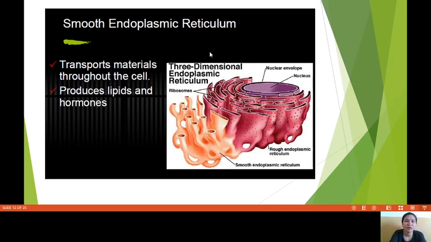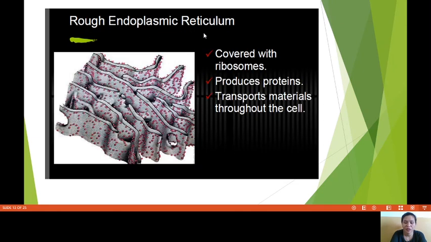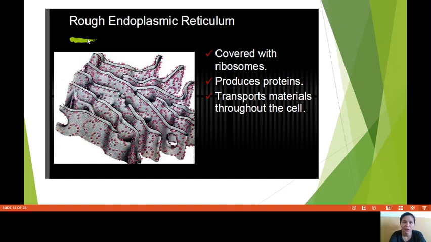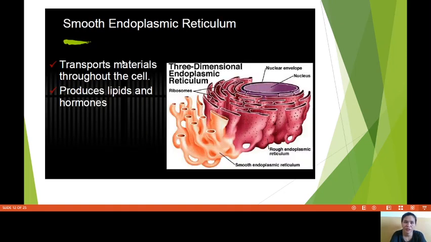This is your endoplasmic reticulum. We have two types, the smooth and the rough. Later on you will discuss the difference. It transports materials throughout the cell.